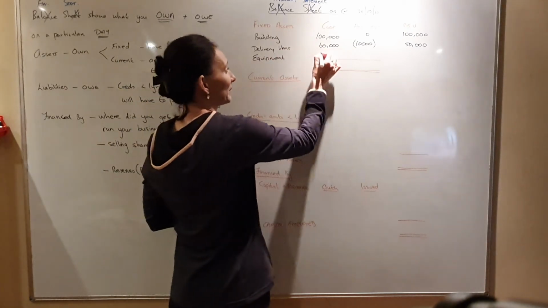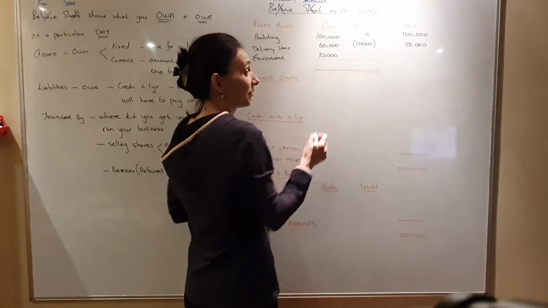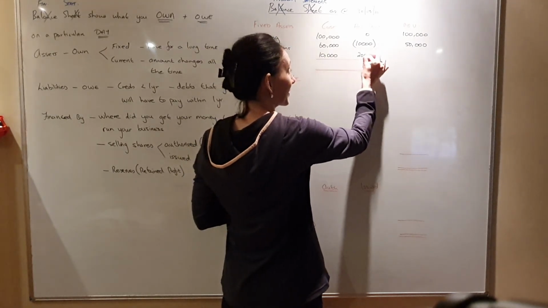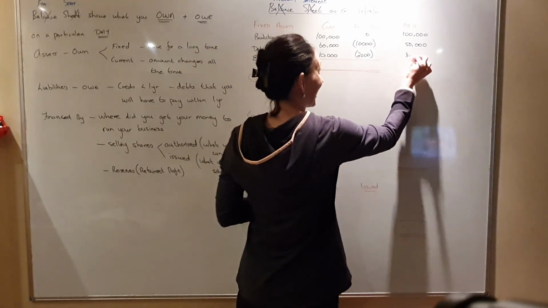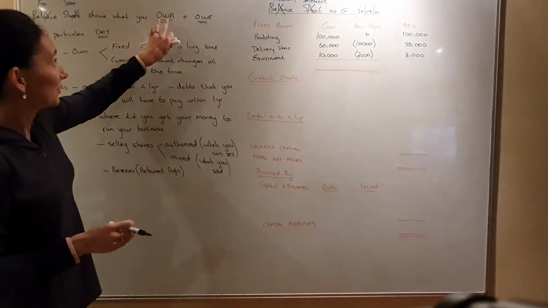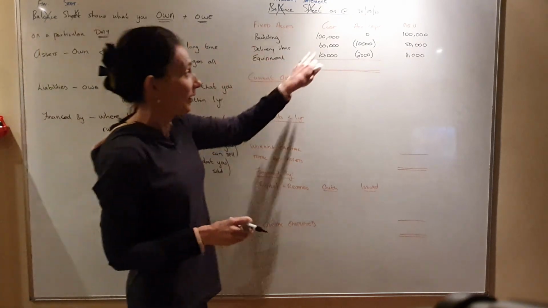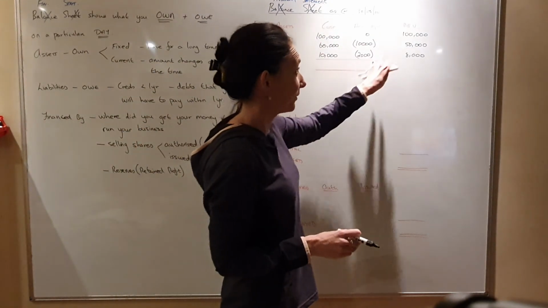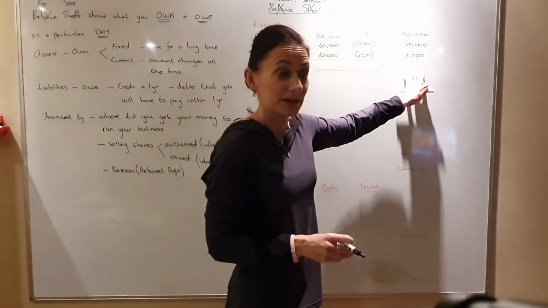Say your equipment cost 10,000, and I'm going to assume you've lost 2,000, so your equipment today is worth 8,000. Now remember what we set out to do: I want to know how much you own. This is what it originally cost you, this is what it's lost in value, so this is what you actually own today, what it's worth.